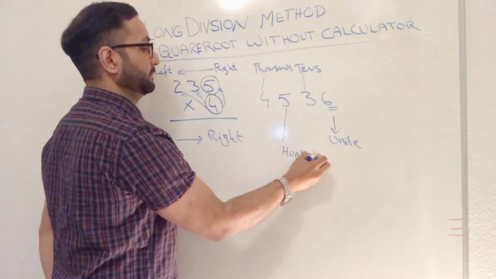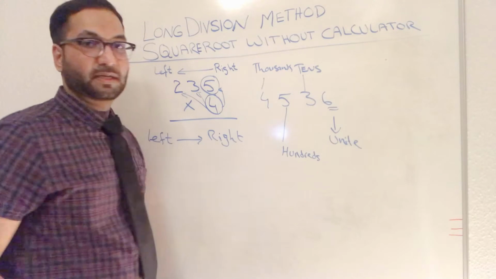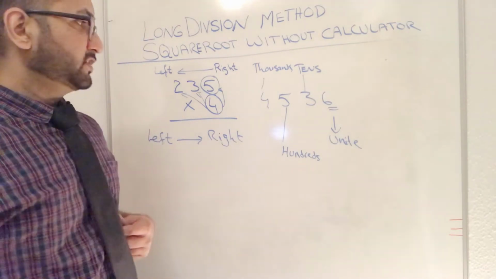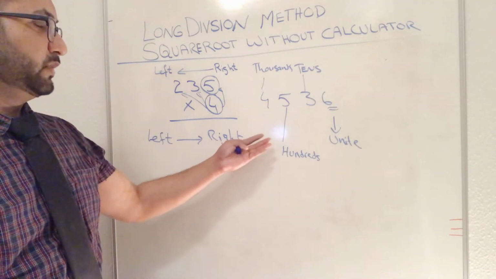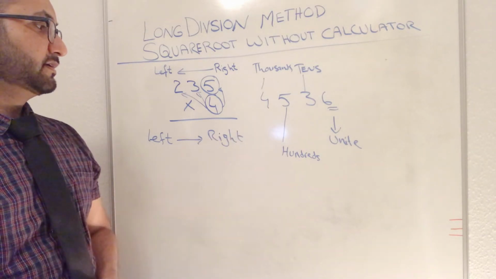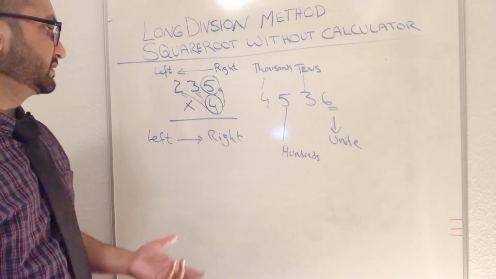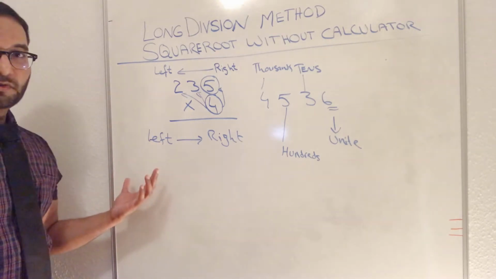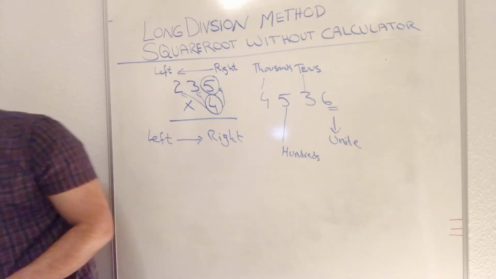Thousands, hundreds, tens, unit. So now we go back to our question for long division.